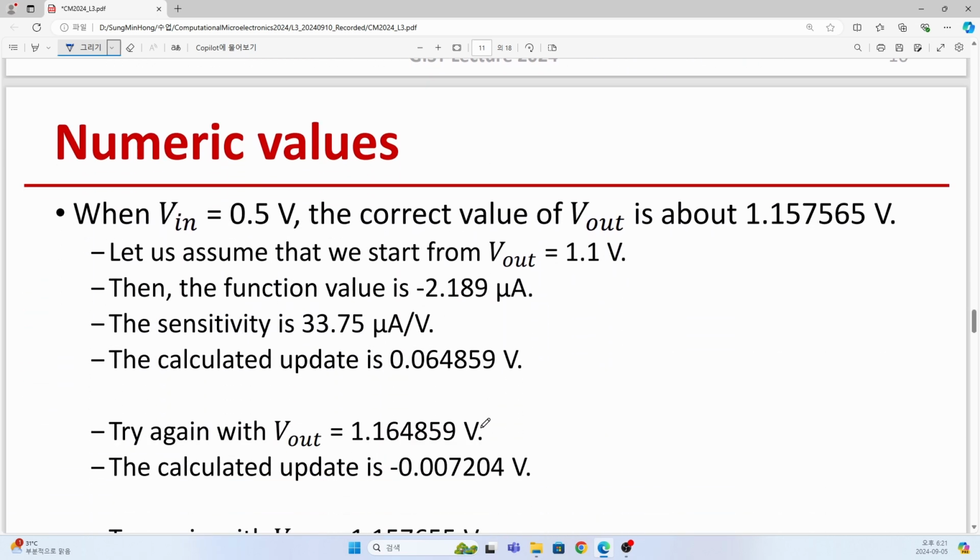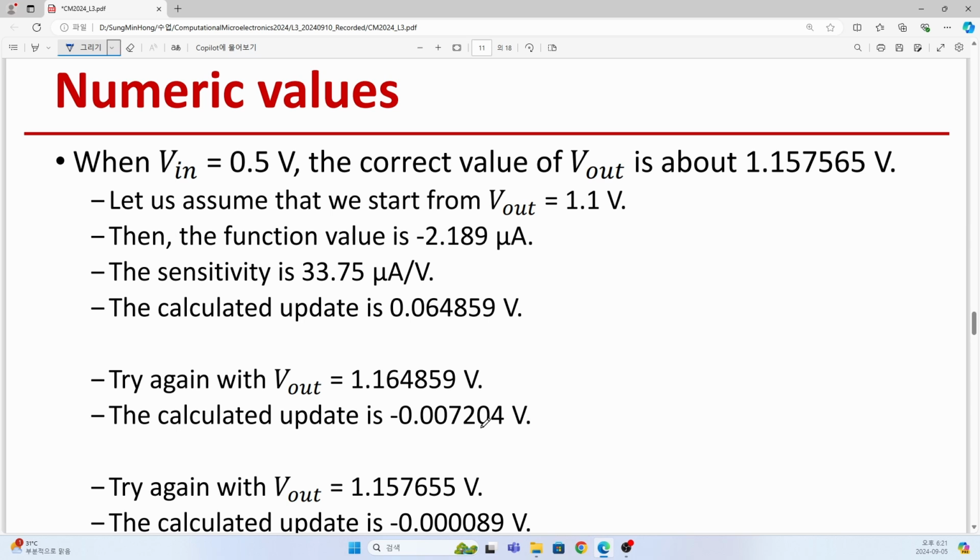So let me just give you a numeric value. For example, when V in is equal to 0.5, this value has been used in our previous examples. The correct value of V out obtained from our repeated calculation was 1.157565 volt. Of course it has longer digits, but we'll just neglect them.